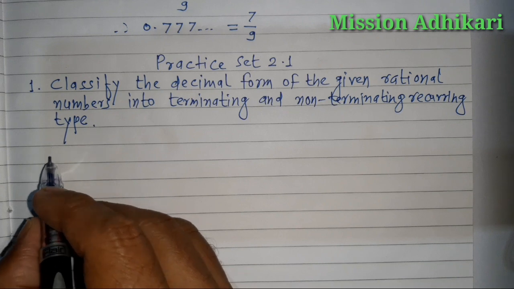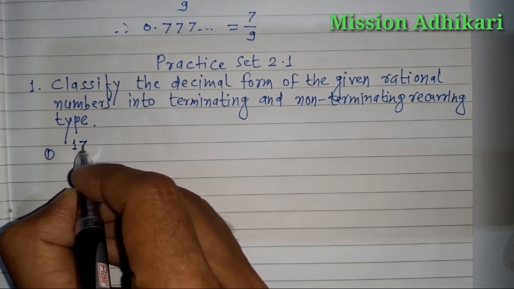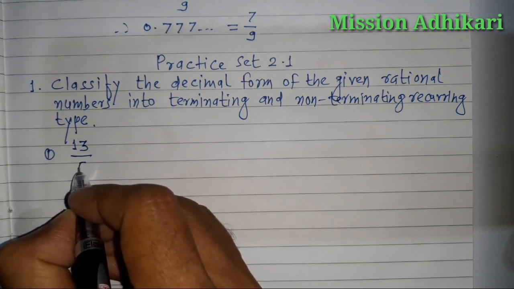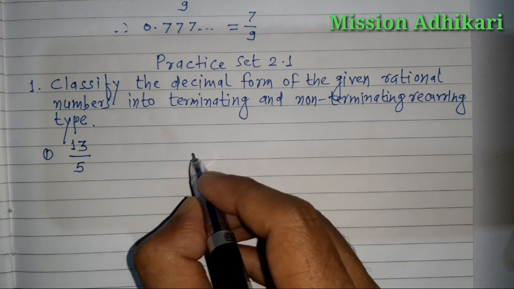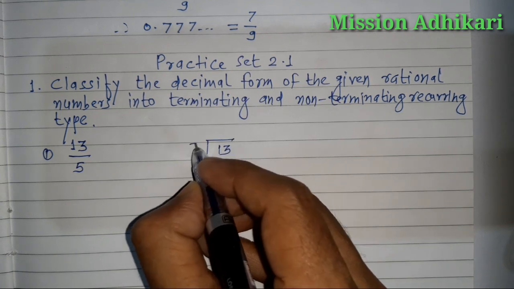Let me take the first example, 13 upon 5. We divide 13 by 5.